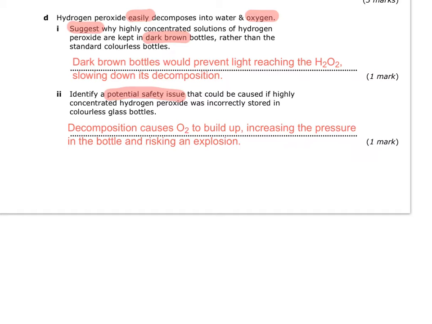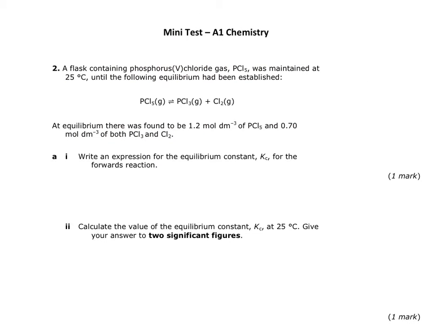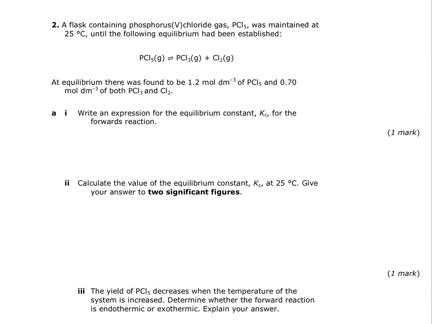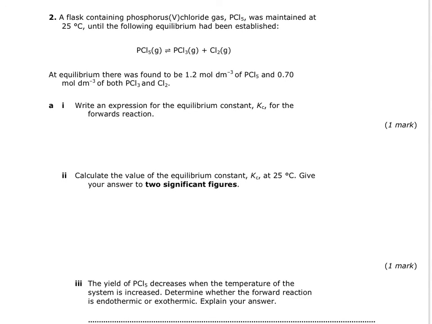Okay, so let's now move on to the next question. So let's now go on to question number 2. Looking at the question, it gives us an equation, which is here.